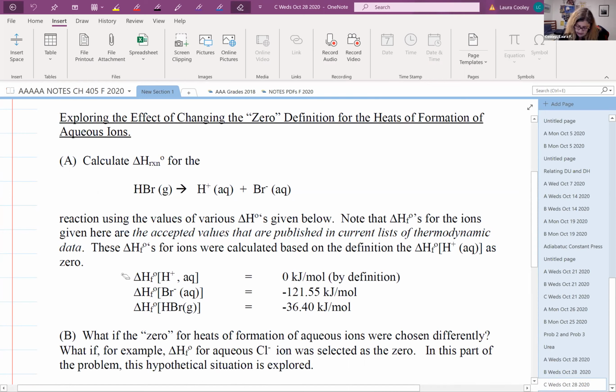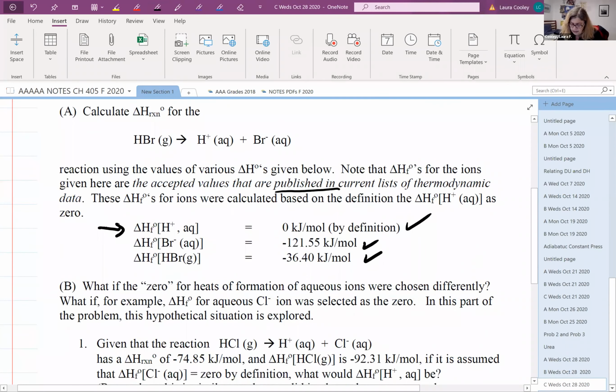That the delta HF0 of hydrogen ion is 0. So if you use that, and these are all accepted values, published values that you find from the literature and lists, using these numbers, you will find the delta H0 for this reaction.